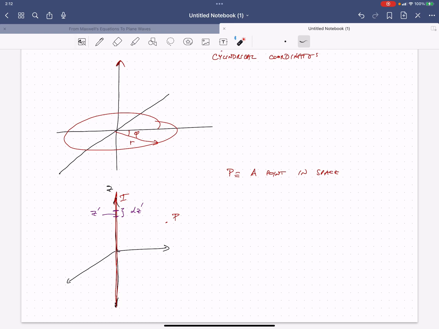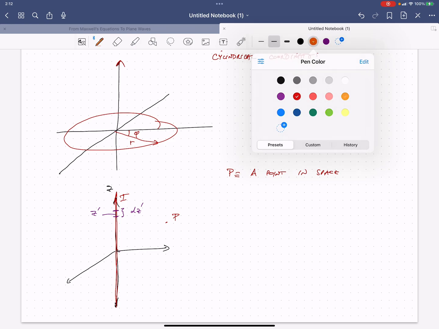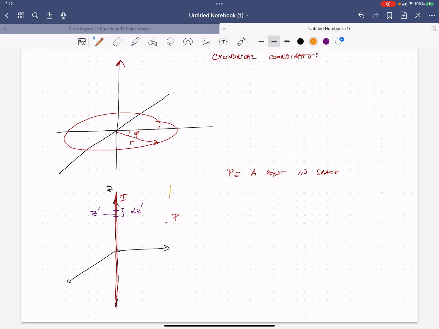Because this is cylindrical coordinates, we're imagining this point P is on a cylinder. This is not an actual cylinder, it's an imaginary cylinder.